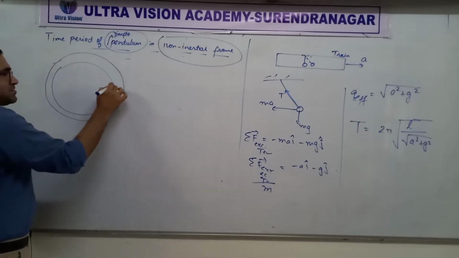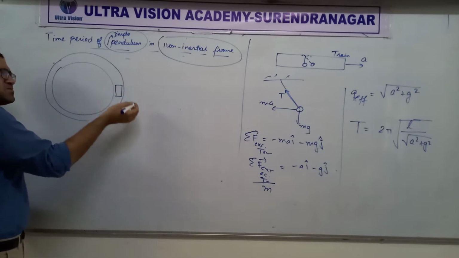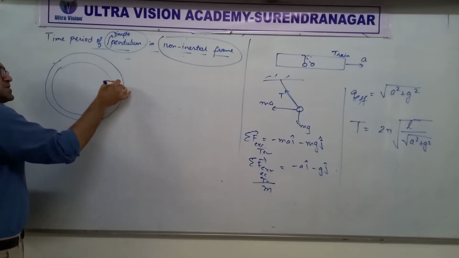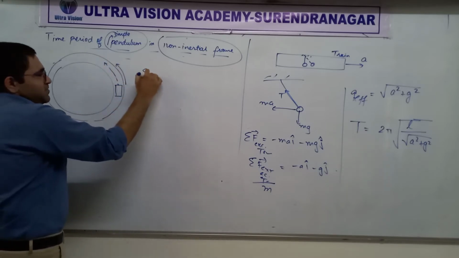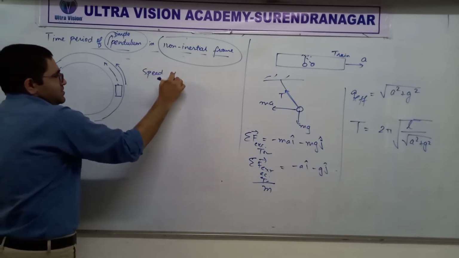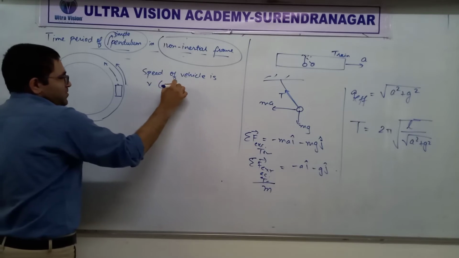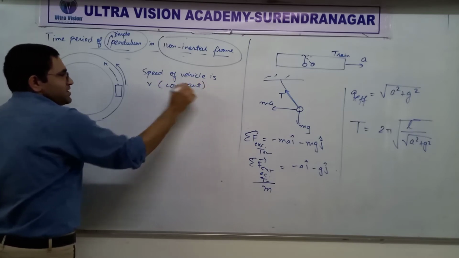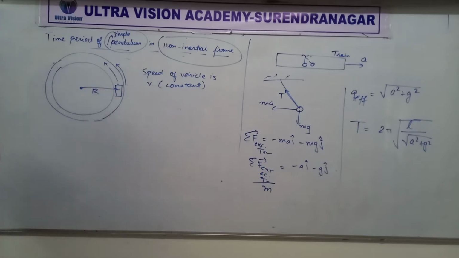And on the track there is a vehicle, let's say a car or bus, running like this on the circular track. Let's say the speed of this vehicle is v, and that is constant. The radius of the circle in which this is moving is r.